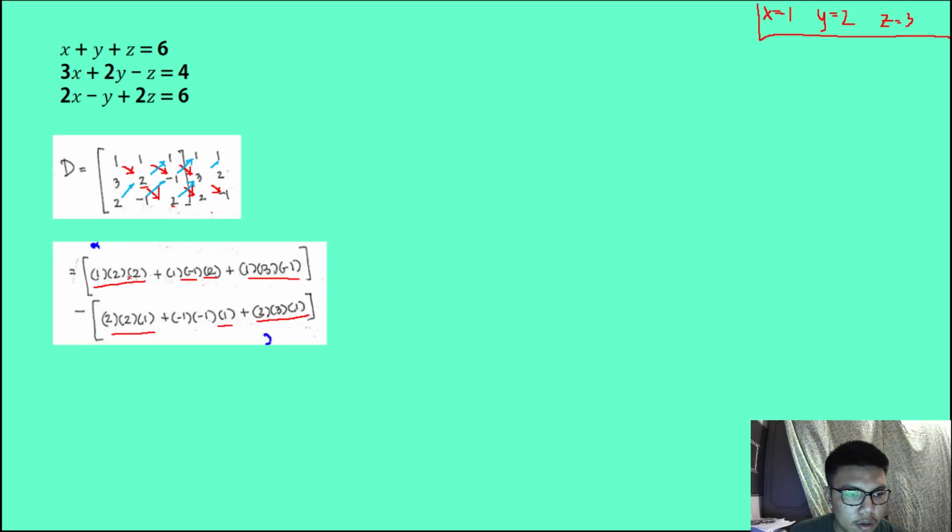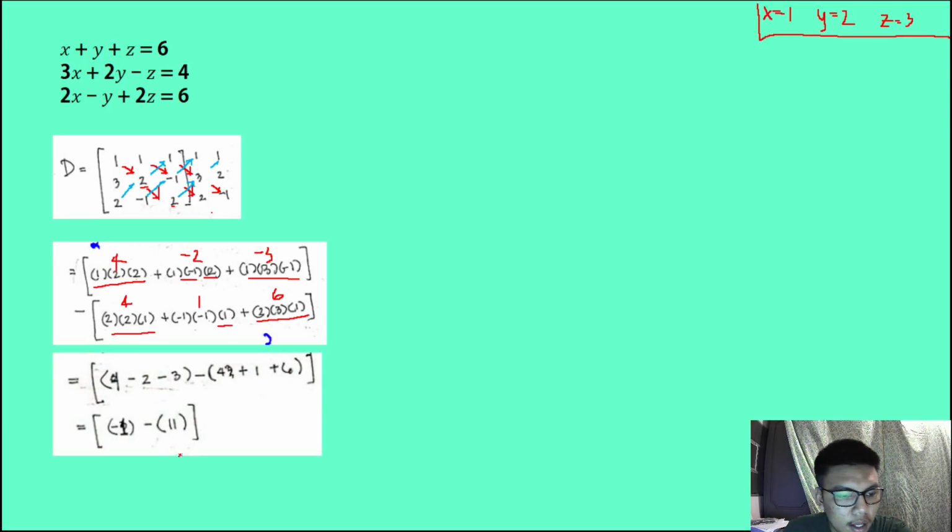Okay, so simplifying here, 2 times 2, this is 4. 1 times negative 1, this is negative 1 times 2, negative 2. Then here, we have 1, 3, negative 1, so we have negative 3. Then dito naman, meron tayo 4. So ito, negative 1, 1. So positive 1 tayo dyan, ha? Then 2 times 3, 6.